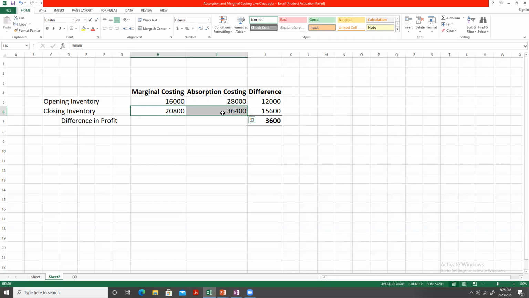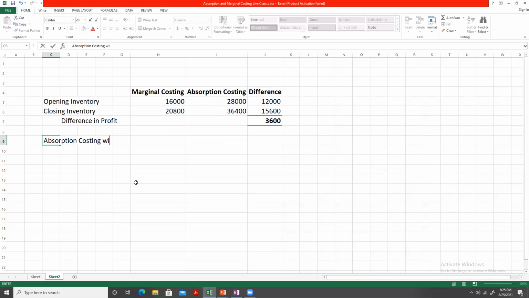This means that the inventory level has increased during the period. So absorption costing will report a higher profit.